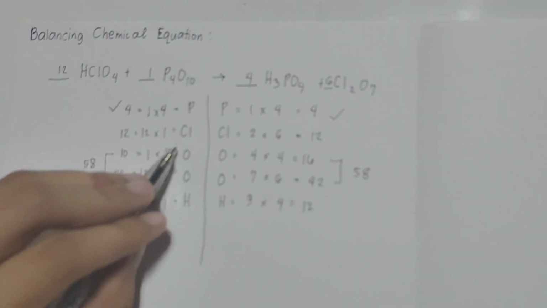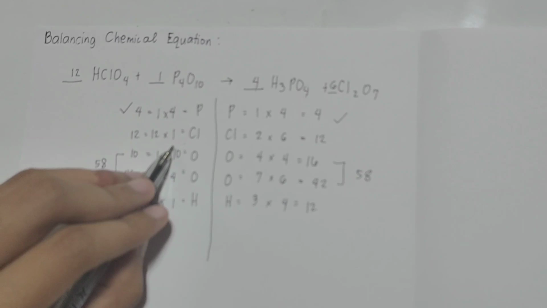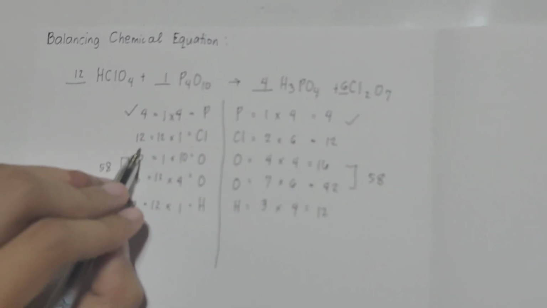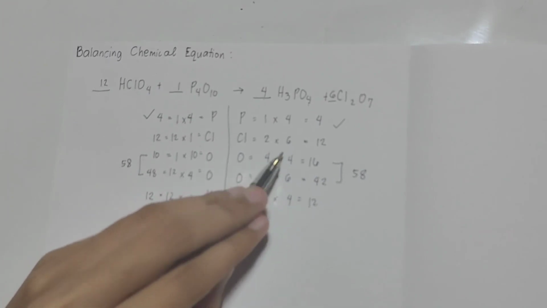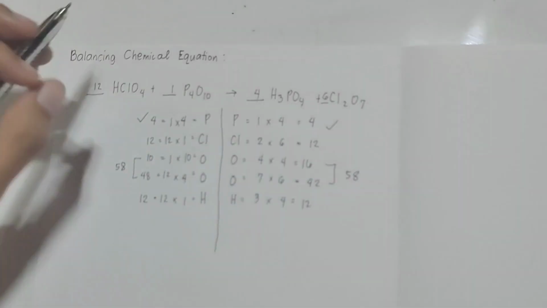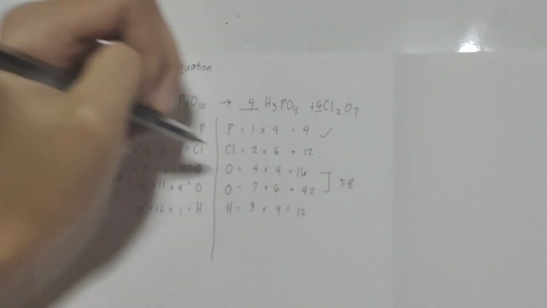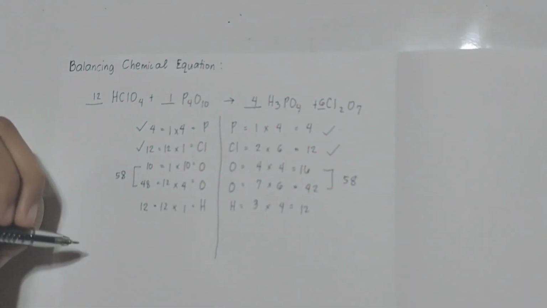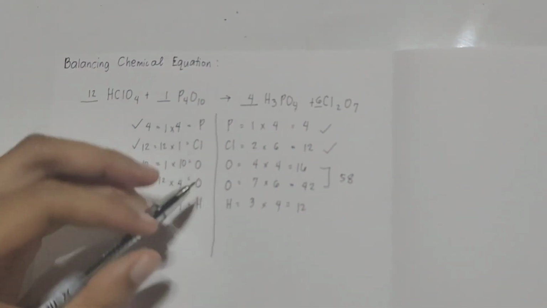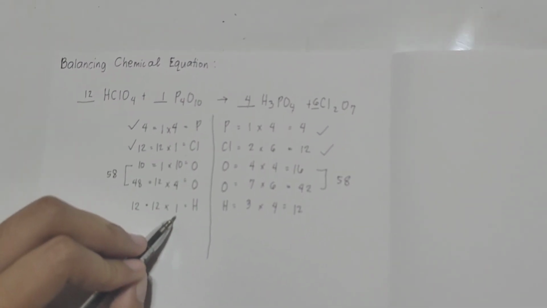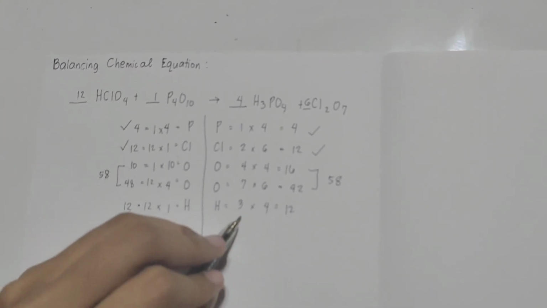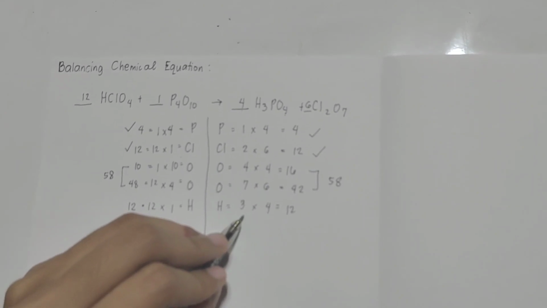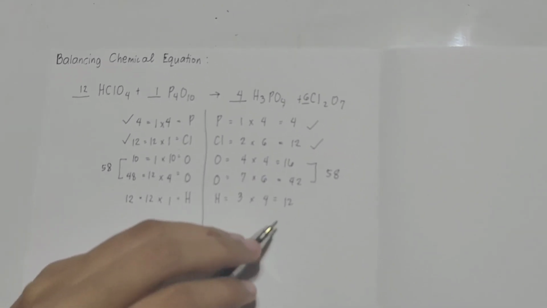For the reactant, we have subscript 1 times 12 is equal to 12. Then for the product, we have 2 times 6 is equal to 12. Check. Next, we have hydrogen. Hydrogen is equal to 1 times 12 is equal to 12. On the other side, we have 3 times 4 is equal to 12.